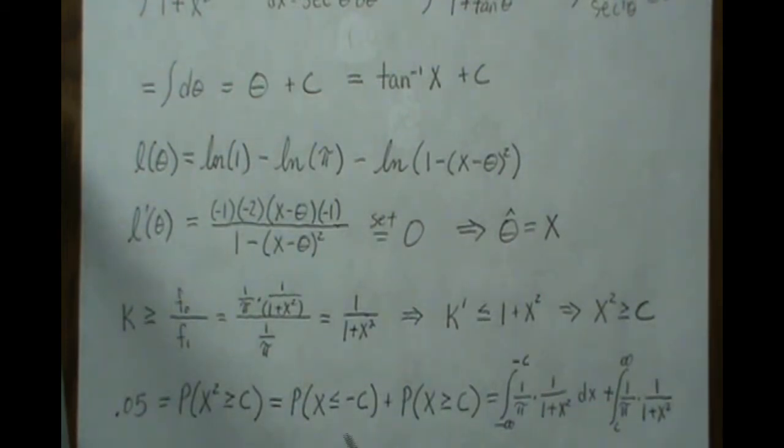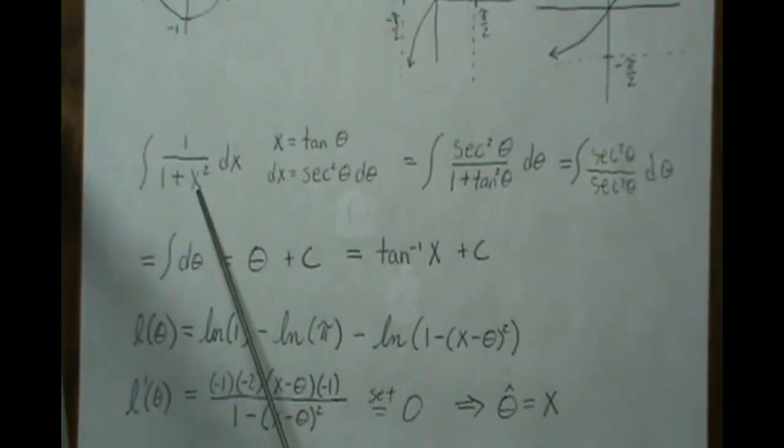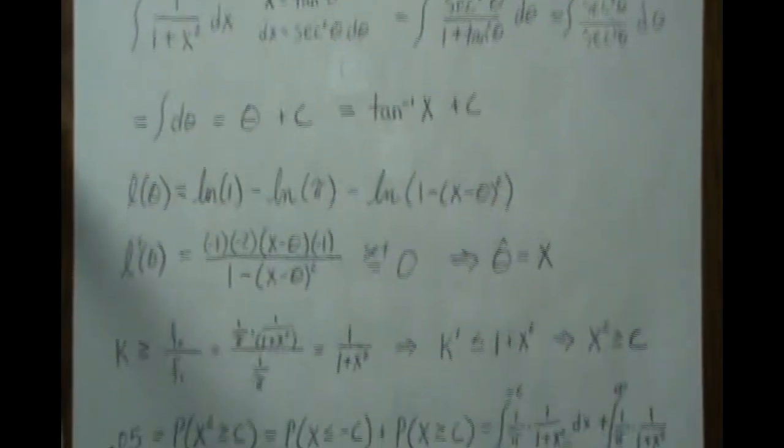Well, now we integrate that. We have the density of x, so we integrate from negative infinity to c of our density, and this piece right here was in the hint, and that's actually what we just proved up here, that it equals this.